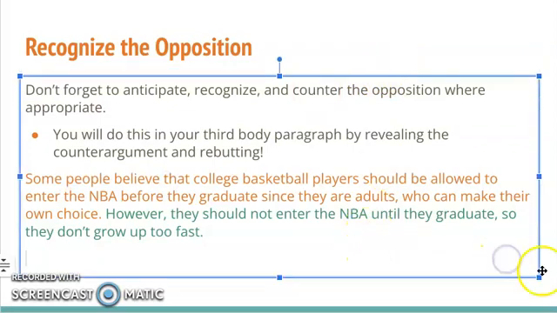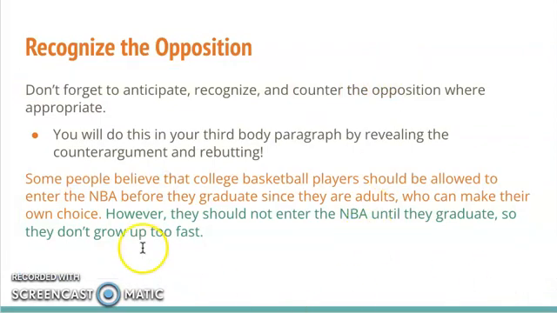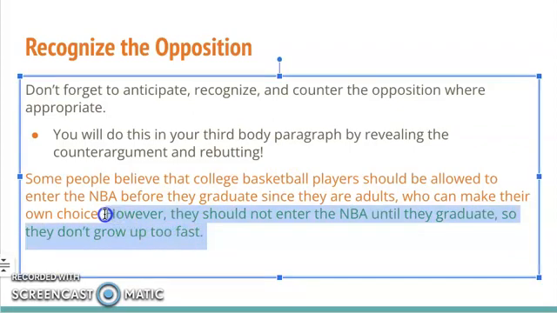And then I am proving them wrong by saying, however, they should not enter the NBA until they graduate so they don't grow up too fast. So this sentence right here, the rebuttal, is what I'm going to be proving in my essay. I'm going to use research to help prove this to, in turn, prove the counter argument wrong.